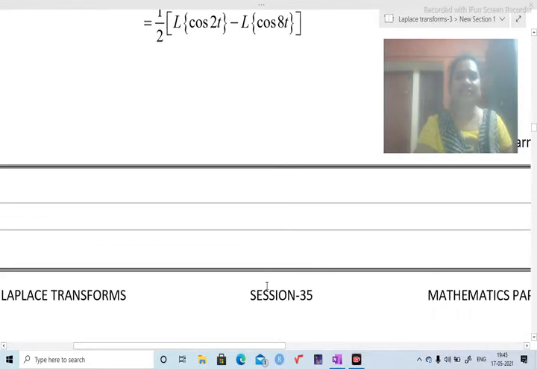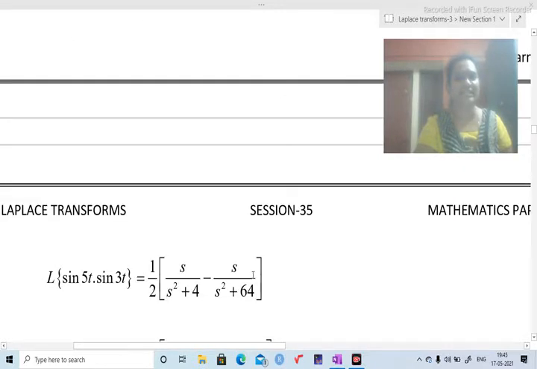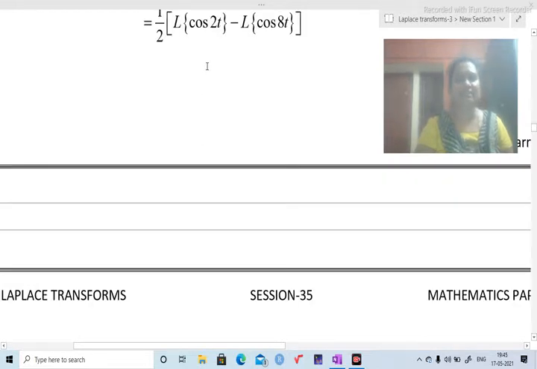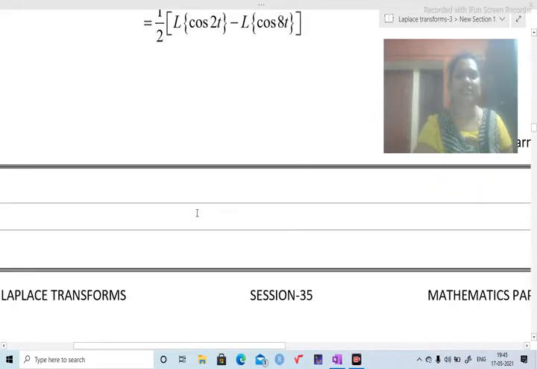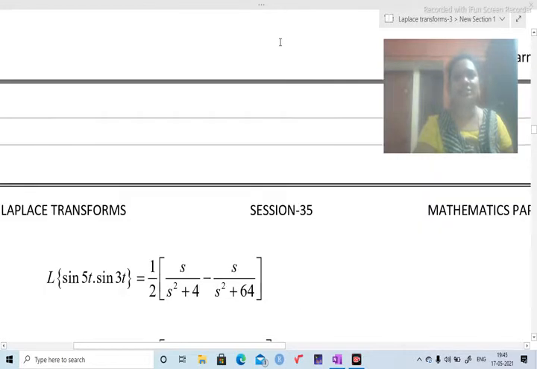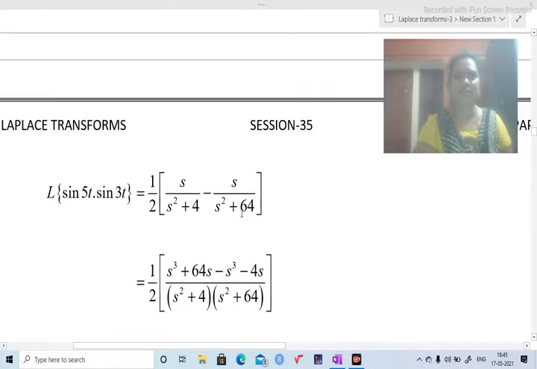We know that Laplace transform of cos at is s by s square plus a square. Observe for this a equal to 2, 2 square is 4, that's why we are going to get 4 here. Here a is 8, so 8 square is 64, that's why we are going to get 64 here.